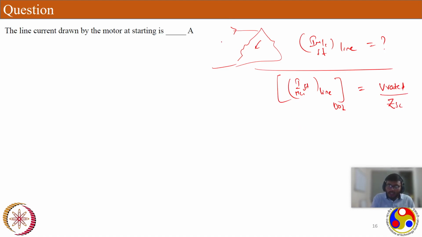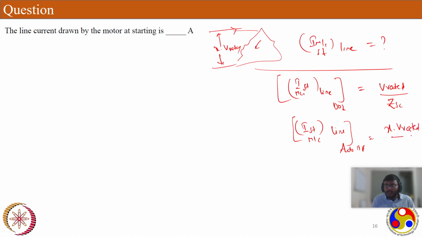So in case of auto transformer, here we are getting X setting of V rated. So that will be the line voltage here. Now I will write here I starting current machine line in case of auto transformer. We will get X times V rated divided by ZSC, right?